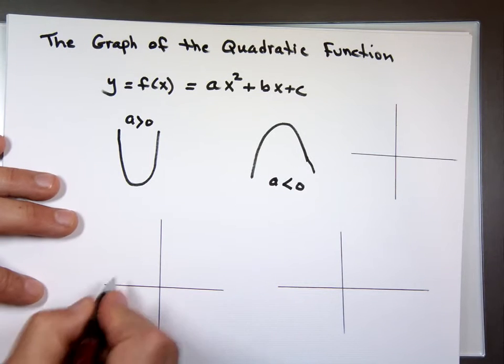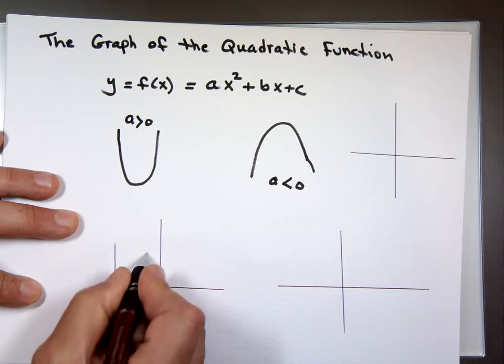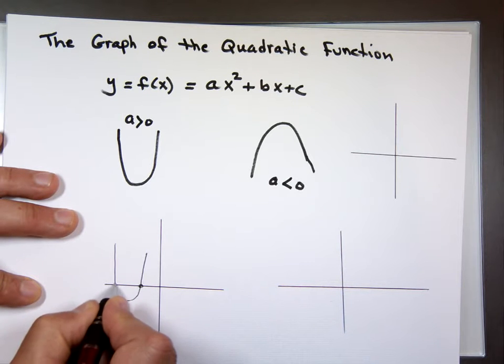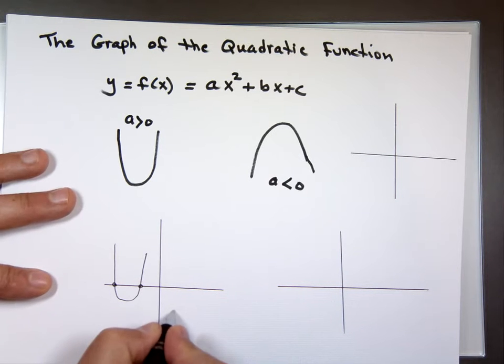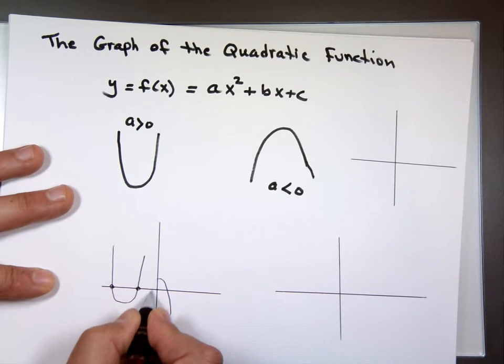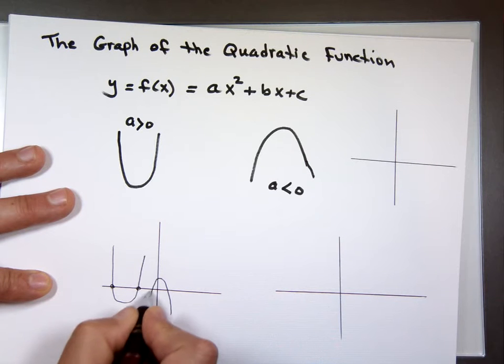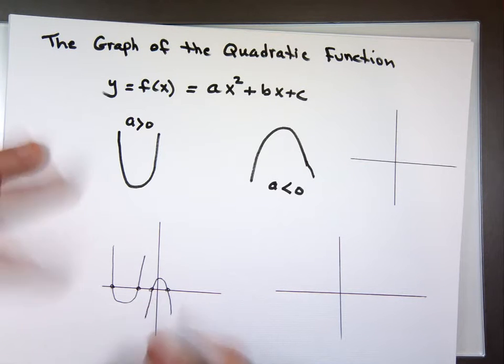Notice if the quadratic equation looks like this, what you found are these 2 points. That's why you got 2 solutions. Or the graph might look something like this. Again, you solved and you got 2 different answers, because that's where the graph intersects the x-axis.